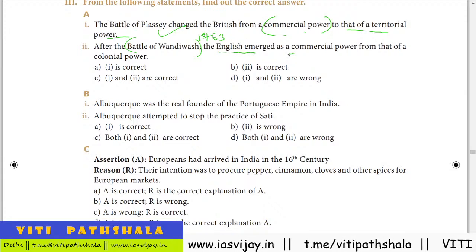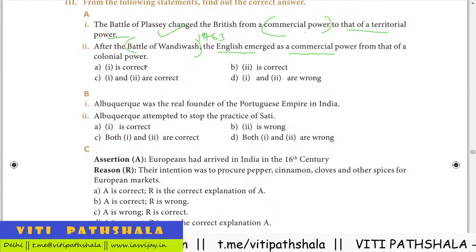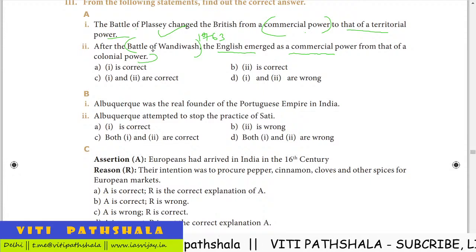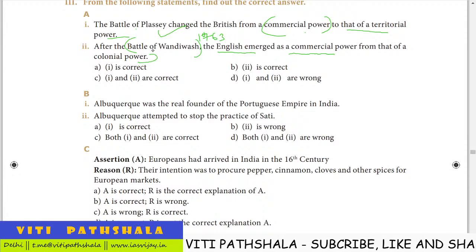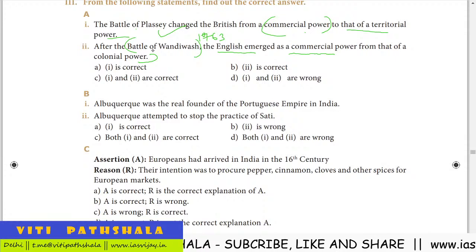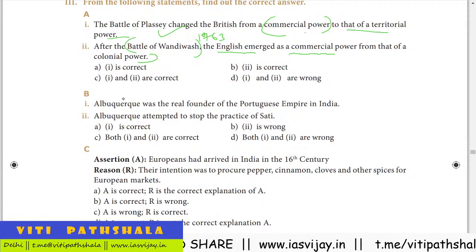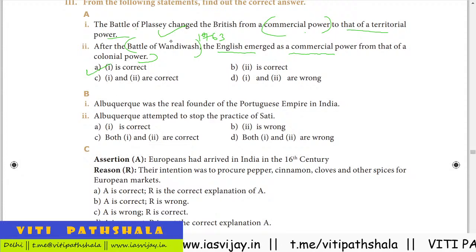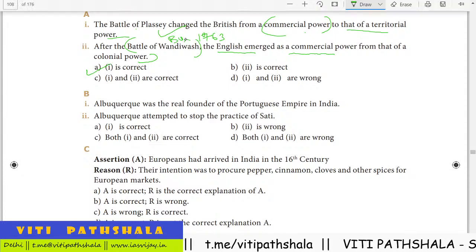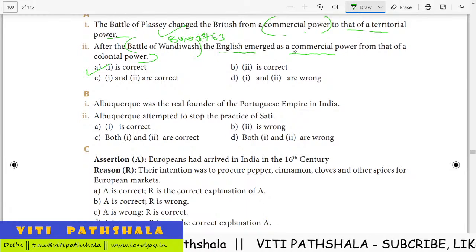The English emerged as the commercial power from that of the colonial power. So second is wrong, only first is correct. So after the Battle of Buxar होगा, बक्सर के बाद जो है वो कमर्शियल पावर बनेंगे.